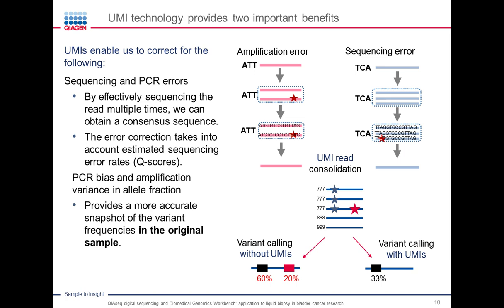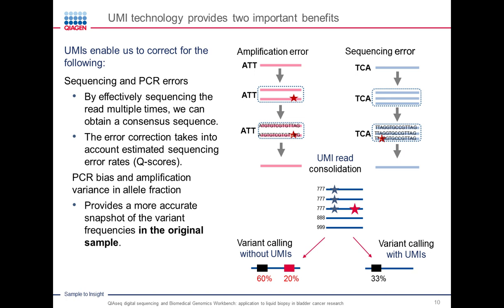And the reason is that if a variant is a true variant that you have in the original molecule, that variant will appear in all reads that have the same UMI barcode. But if that variant has been generated either during the amplification or during the sequencing as an error, then it will not appear in all reads with the same barcode. This allows us to detect that kind of error and remove it when you create the consolidated reads.